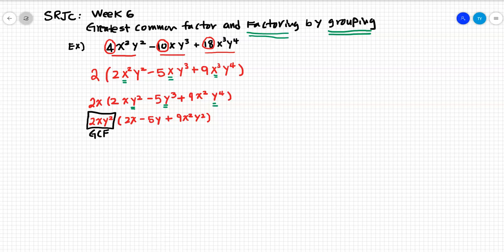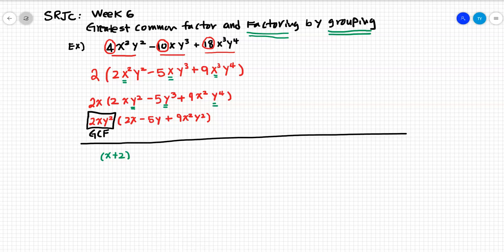So if I have, let's say for example, multiplying x plus 2 and x plus 1, then I will get x squared plus 3x plus 2.